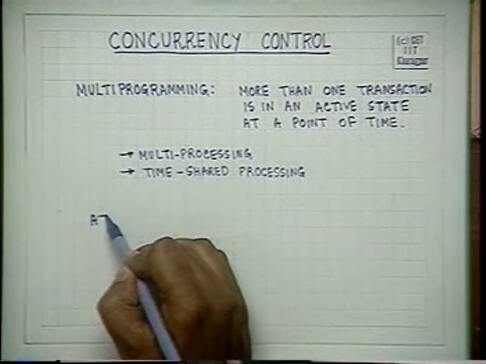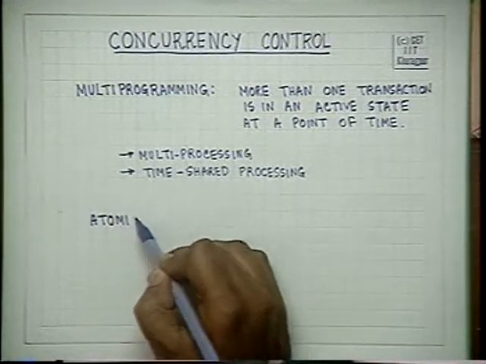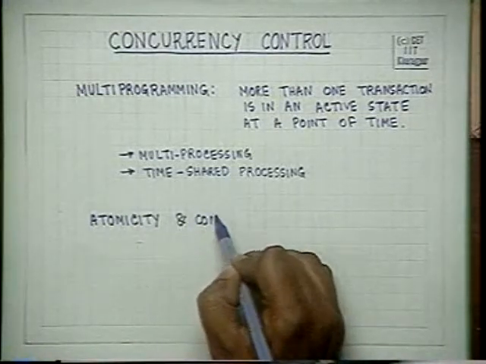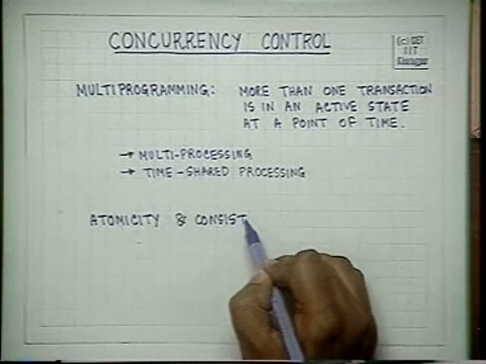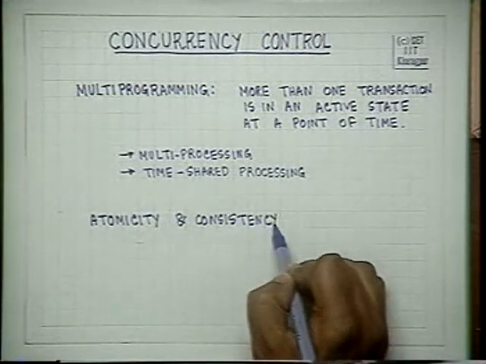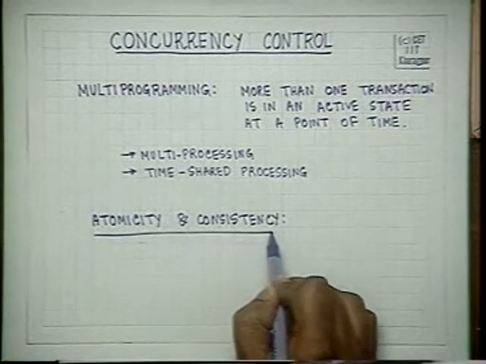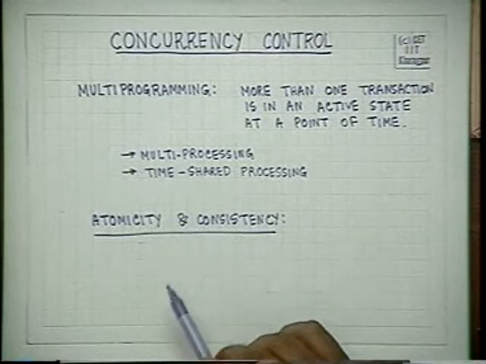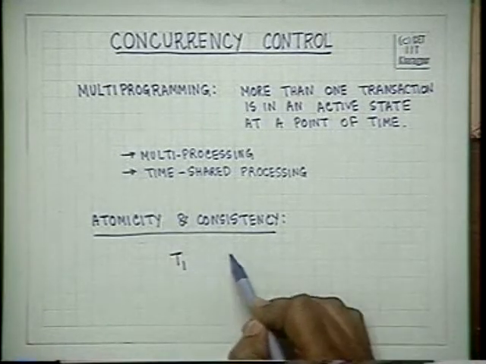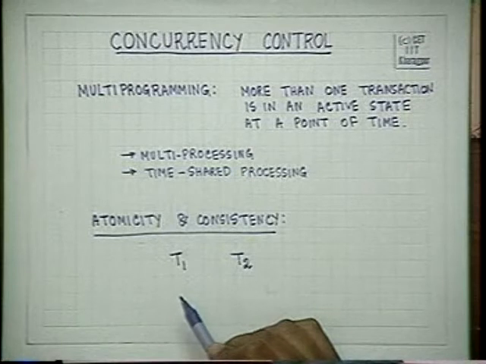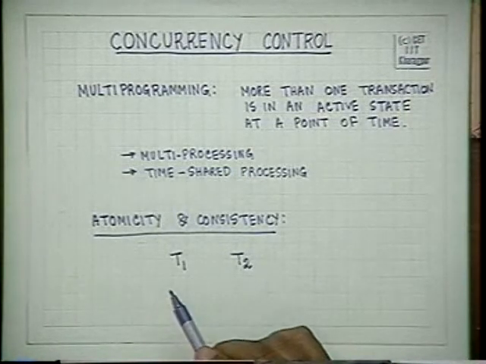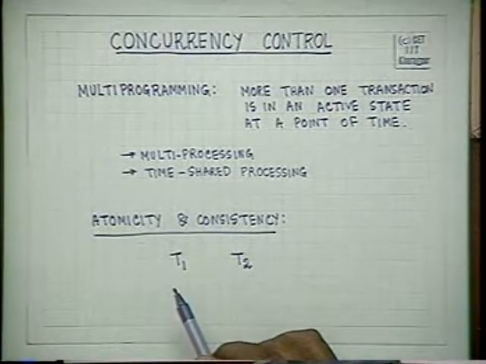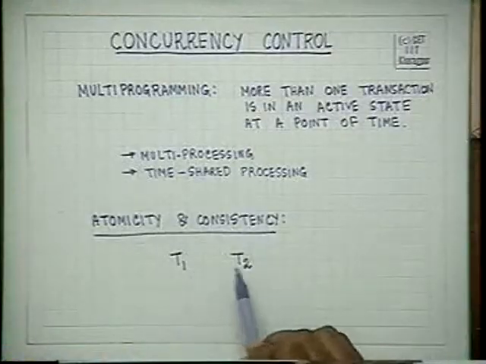So, the first issue is that if we have got two transactions T1 and T2 and they access totally different pieces of data, they do not access the same data, then there is no problem in executing them concurrently.